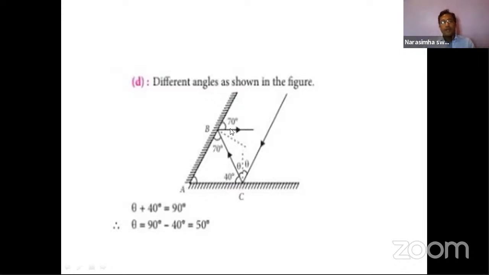The reflected ray from the second mirror is parallel to the first mirror, right? And the only thing given is this 70.